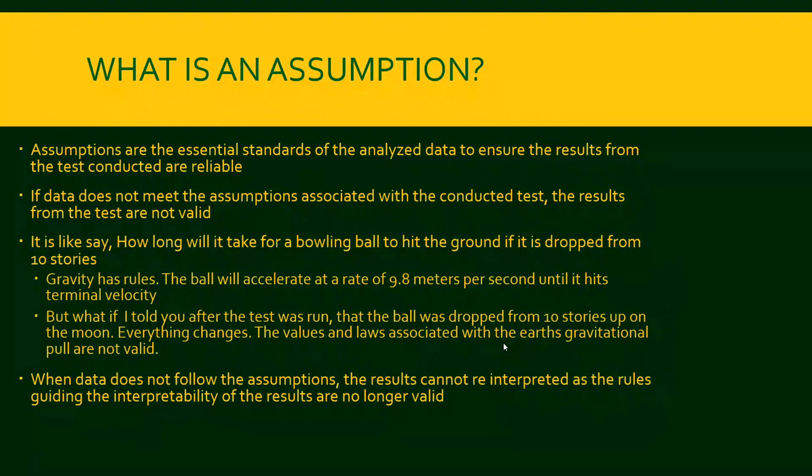The ball is going to accelerate at a rate of 9.8 meters per second squared, and it's going to keep on accelerating at that rate until it hits the ground, or until it hits terminal velocity, one of the two. If I ask how long it's going to take for the bowling ball to hit the ground, you're going to use that formula, and according to this formula, it's going to take this long to hit the ground.